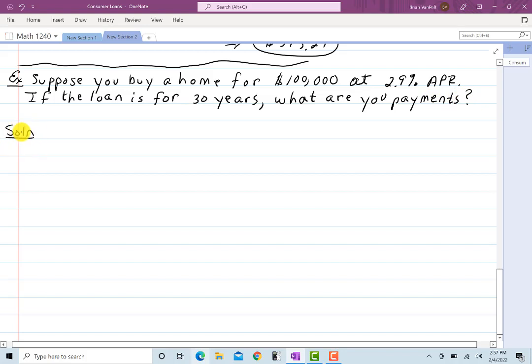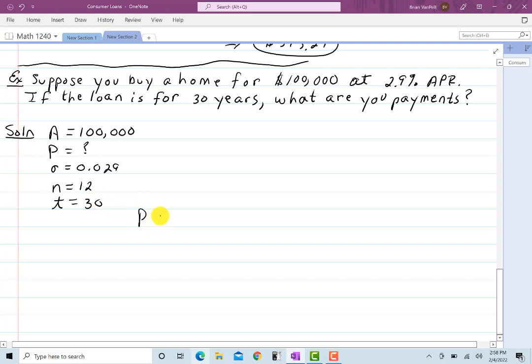So let's get our information in. We have A is 100,000. P, we're trying to figure that out. R is 0.029. N is 12. T equals 30.